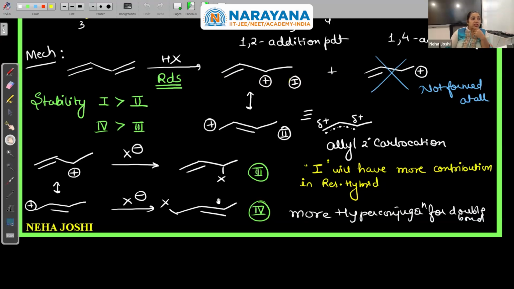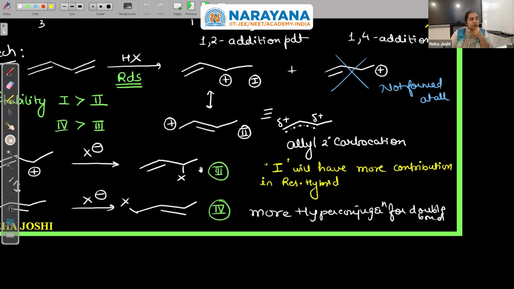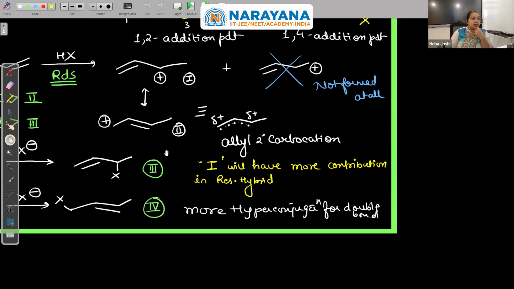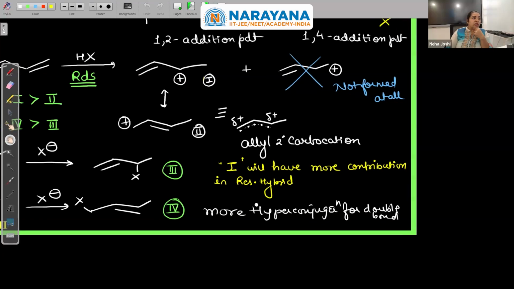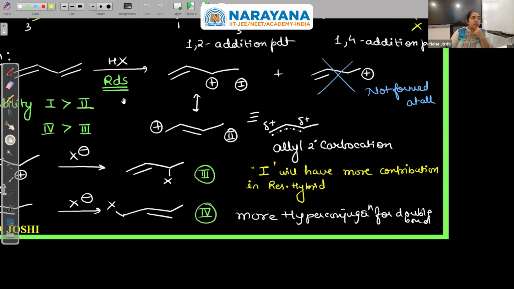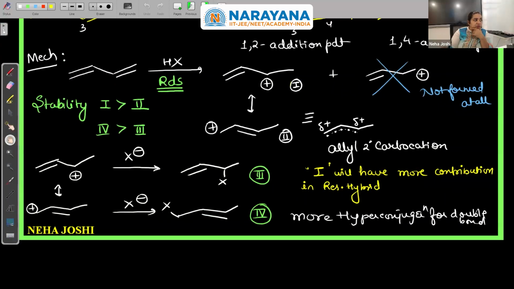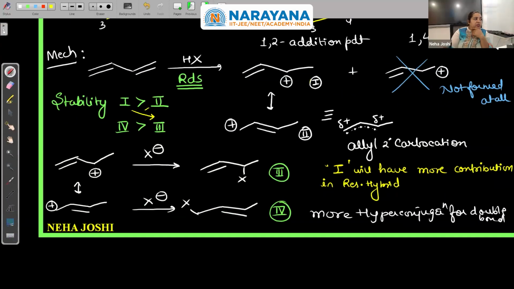If I talk of product stability between 3 and 4, 4 being more hyperconjugative is more stable than 3. 1 will have more contribution in the resonance hybrid, more hyperconjugation for double bond in 4. Now there is a problem. 1 which is more stable as an intermediate is producing 3. And the one which is less stable contributor is producing 4.